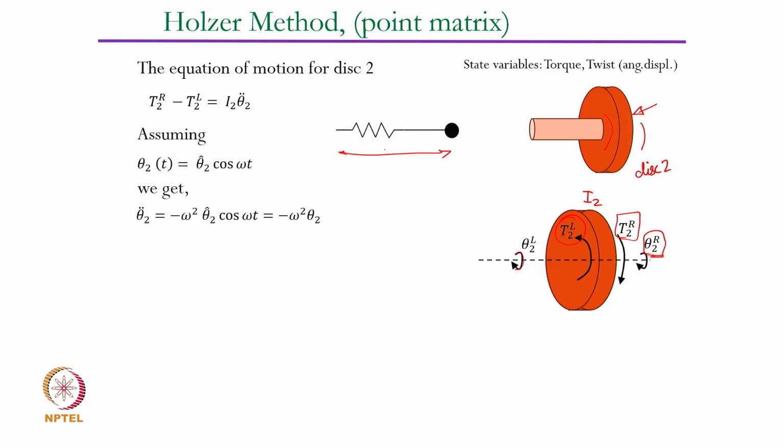So now what we say is that this entire system is vibrating in a harmonic fashion, so that the response theta 2 can be represented as theta 2 cap, which represents the amplitude, times cos omega t. That is a harmonic solution that we are assuming. Now we know that what we are going to do is to arrive at eigenvalue estimation.